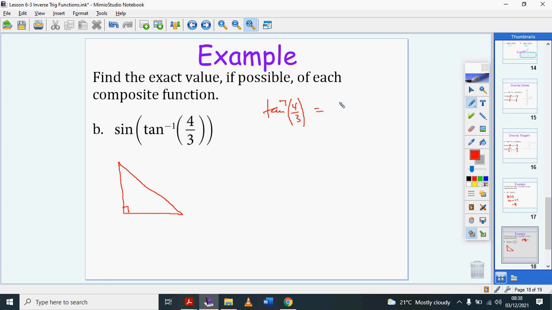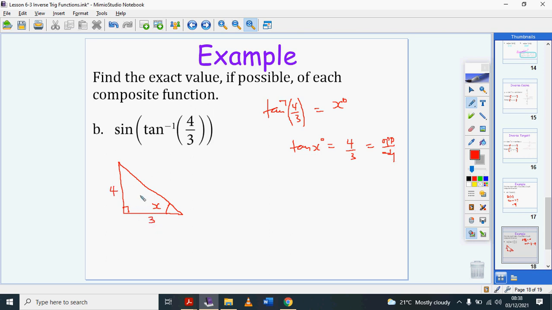This is going to equal some x value, and this x value is an angle, right? Let me put degrees just so you see it's an angle. So I'm asking myself, what angle gives me a tan of 4/3, right? If this angle is x and tan is 4/3, I know tan is opposite over adjacent, right? So the opposite is 4, and the adjacent is 3.